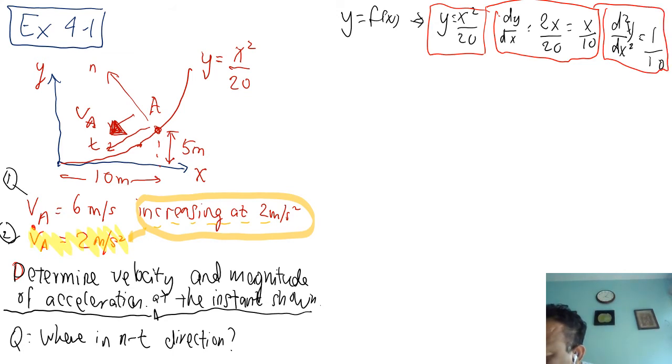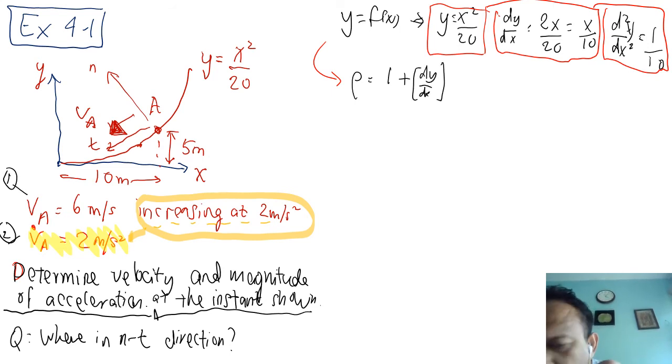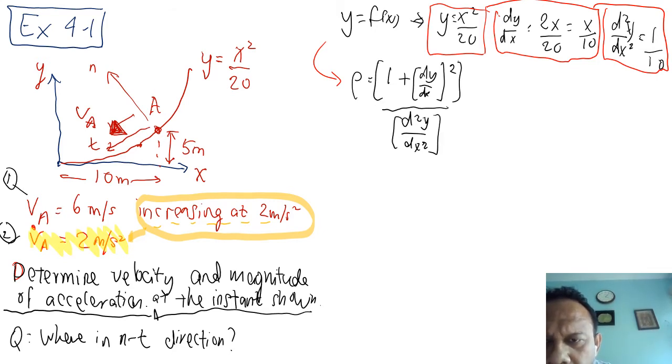So we can now use that to find rho. So what is rho? We know that rho equals 1 plus dy over dx squared, all to the power 3 over 2, over d2y over dx squared.